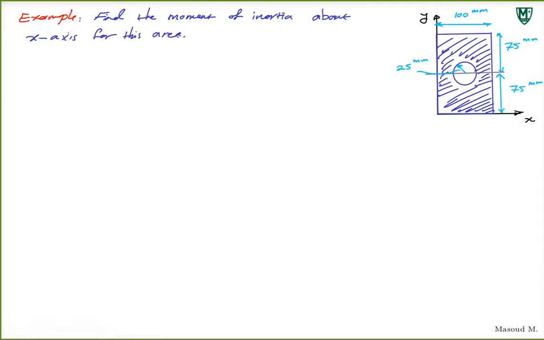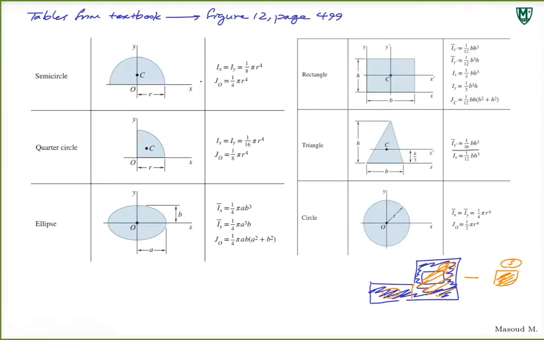That's just stating the obvious. All right. So we want to find the area moment of inertia about this axis, for a composite area, using this table. Right? We know the area moment of inertia for simple shapes.